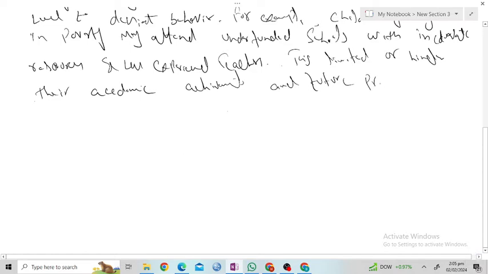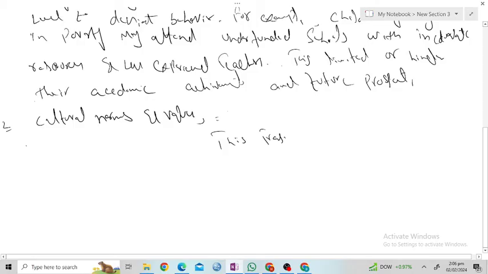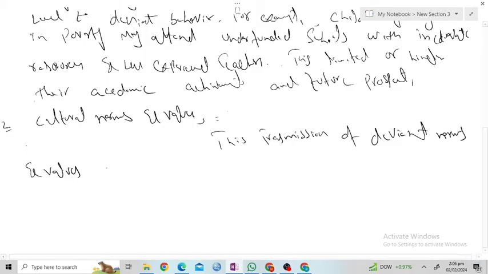Now, the second heading could be cultural norms and values. This is the transmission of deviant norms and values within a certain cultural context.